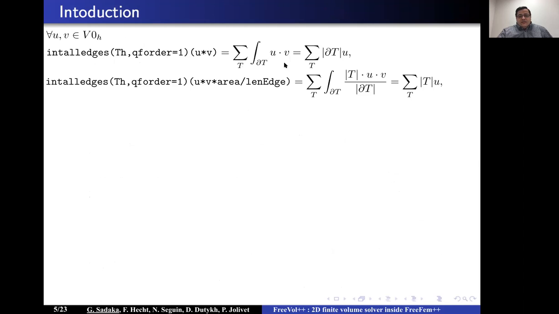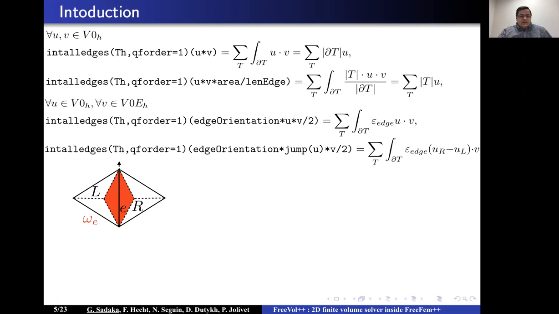And this is the sum of the len of the edge times u. If you have as a formula the area of T and the len of the edge, we can use here U times V times the area over len edge. Here U and V are in P0 finite element.